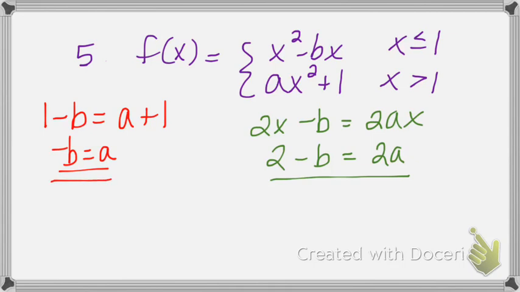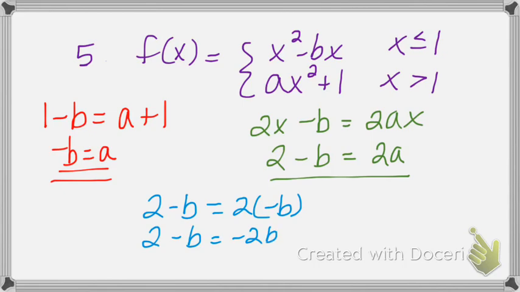Know that a is negative b. So I can come down here and plug in negative b for a. Add b on both sides. So when I add b, I get negative b, so b is 2. And if I know b is 2, I can plug it in there, and that means a is negative 2.